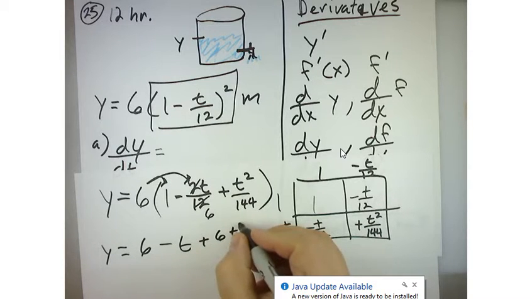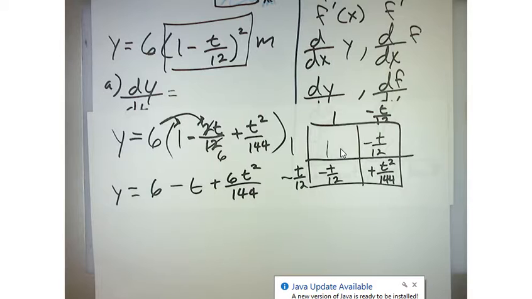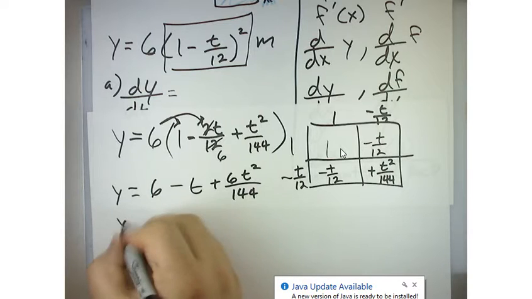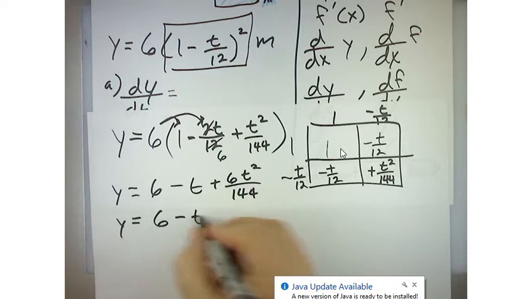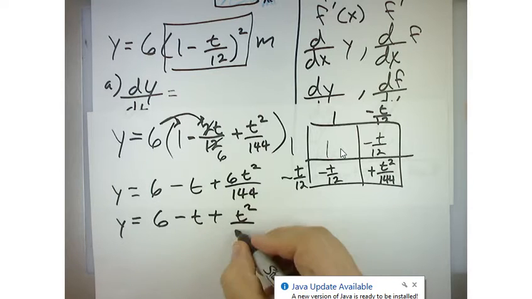I think that reduces. In fact, I know it does. Okay, you guys with me so far? Any questions? You understand what I'm doing? Now, how many times does 6 go into 144? Is it 24 times? Yeah. So I've got 6 minus t plus t squared over 24.